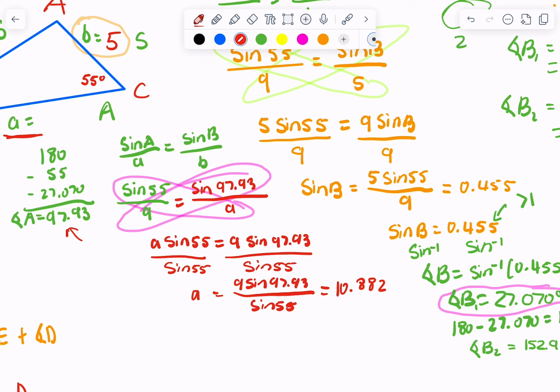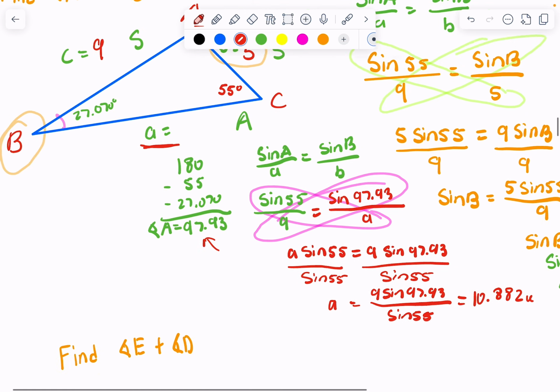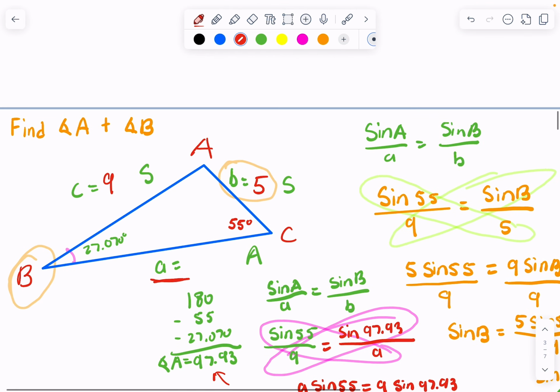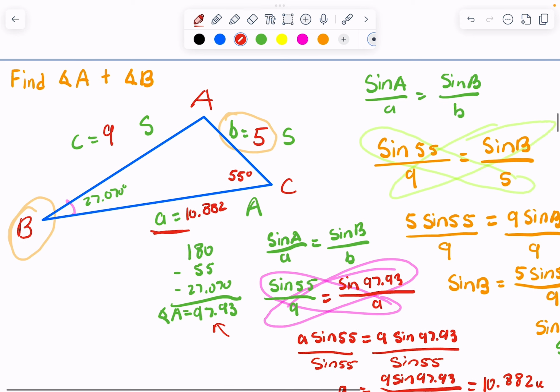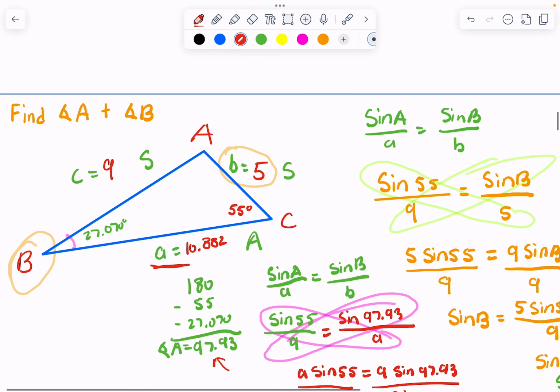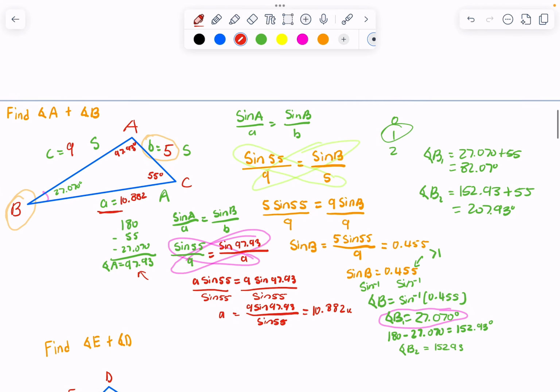And then when they don't give you units, just use U. So that's your corresponding side. So now you know all three angles. Here, I'll write in this angle, 97.93. So now you know all the sides and all the angles, and that's only for one triangle. We still have more.